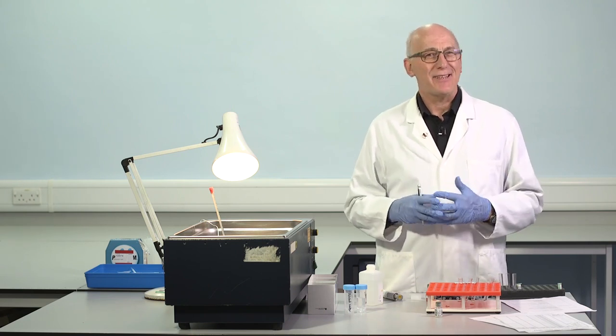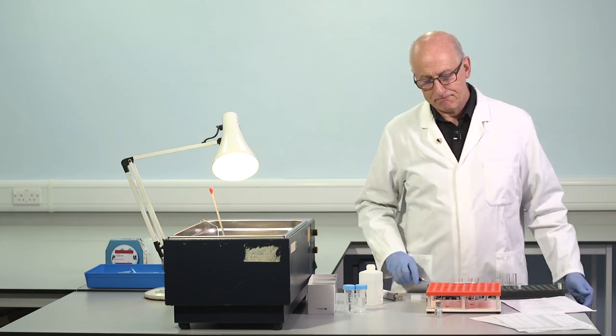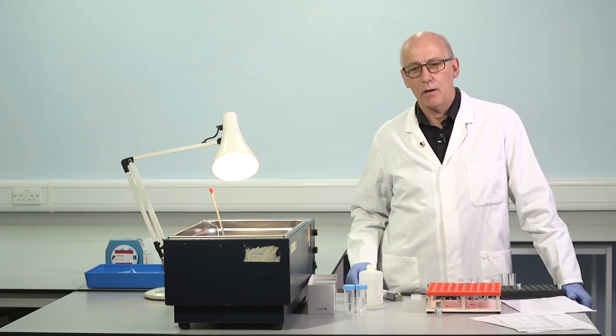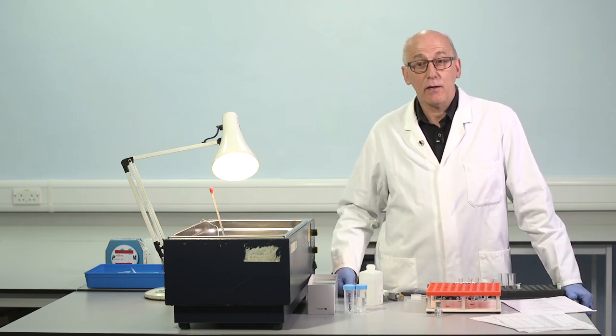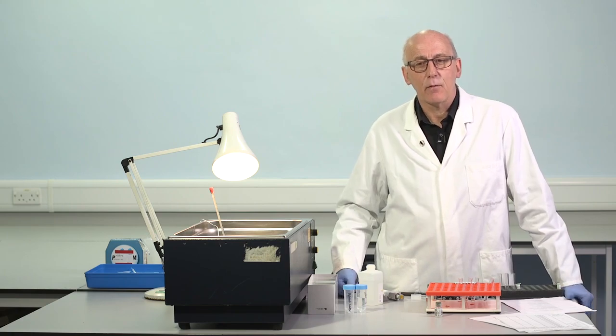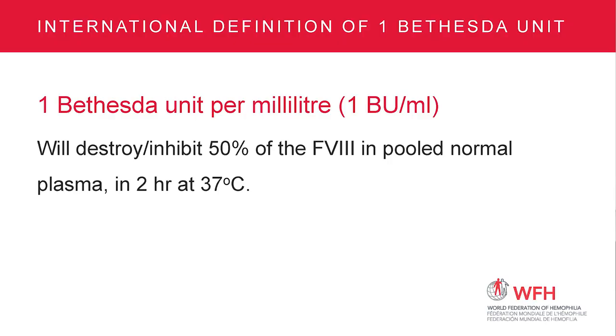And in that respect, we have an international definition to help us. The international definition: 1 Bethesda unit, Nijmegen Bethesda the same, 1 Bethesda unit of factor VIII inhibitor inhibits 50% of the added factor VIII in 2 hours at 37. We're incubating for 2 hours.